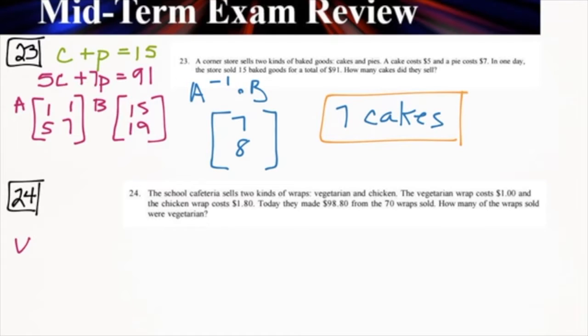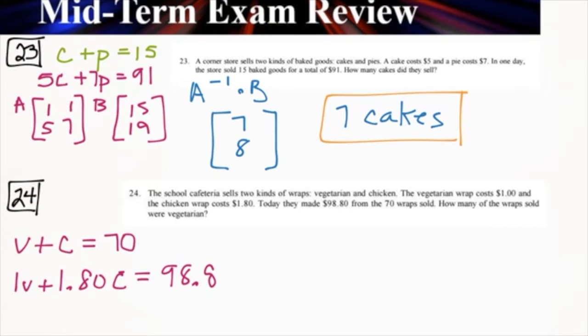So let's do V plus C equals 70. Remember, money goes with money. So $1 for the vegetarian, and $1.80 for the chicken equals $98.80. Oops.